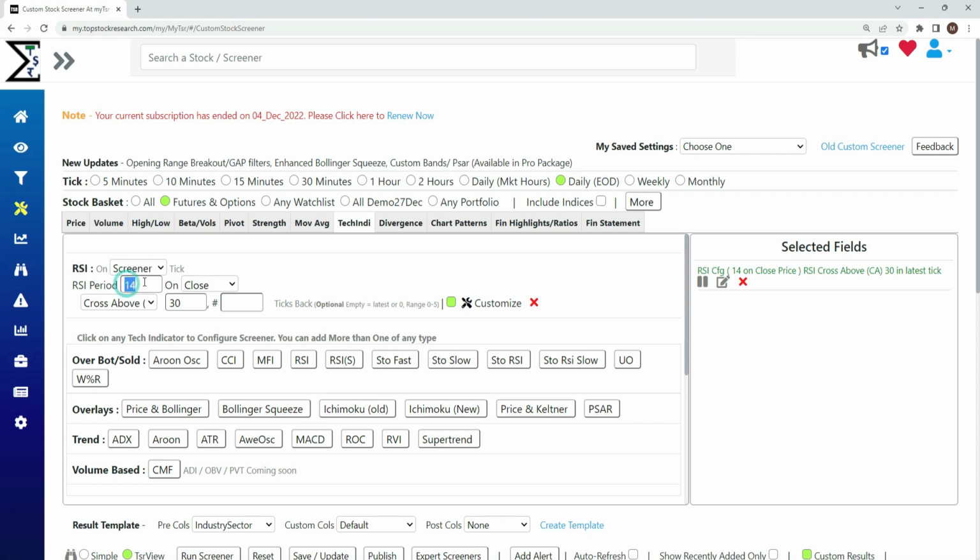So for an intraday trader, do you recommend 5 or 7? See, I don't recommend anything very strongly. I say this works well. In general, it is 7. RSI period is 7. 7 would give you a better signal because remember, RSI 14 means it uses the last 14 parameters. If it is 7, it uses the last 7 parameters. If it is 5, it uses the last 5 parameters.